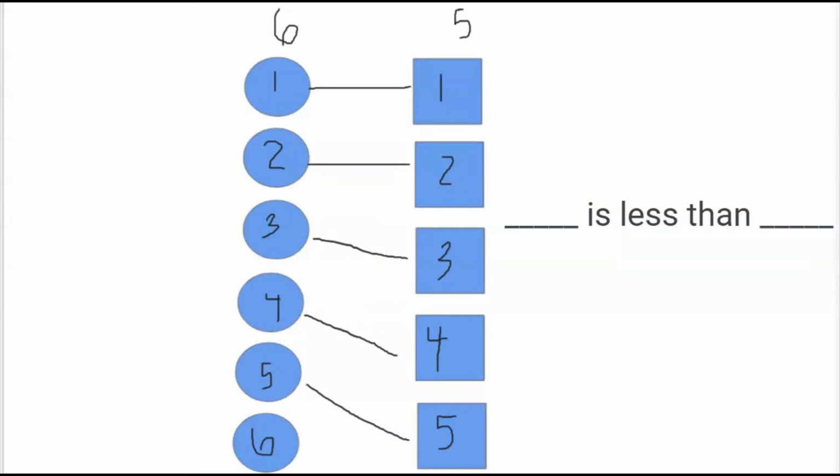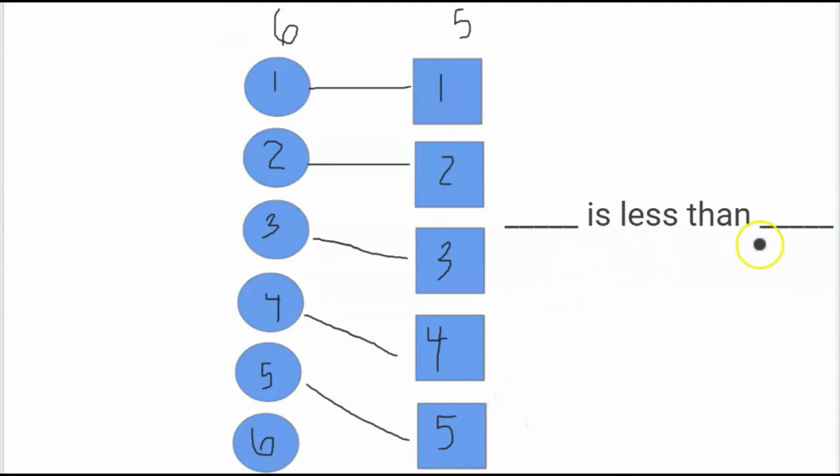Now that we drew the lines to match the circle with the square, what do you notice? Yeah, just because the squares are a little bit bigger doesn't mean that there's more squares. I can see that there's one circle that doesn't have a match to the square. And that means that we have more circles than squares.